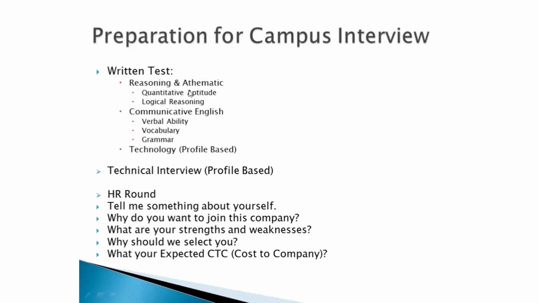The written test is very important, either on campus or off campus. If you try as a fresher, the written test plays a vital and crucial role. In this test, you need to get a minimum cutoff score to go to the next round.